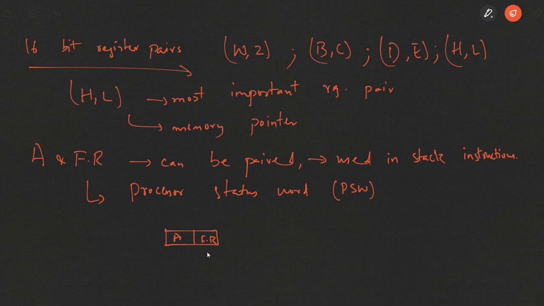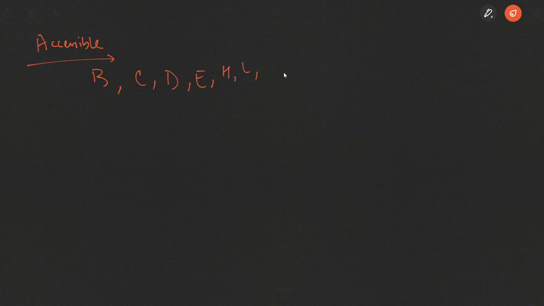Some of these registers are accessible, some are inaccessible. On the accessible registers, we can read as well as write. You have B, C, D, E, H, L, the program counter, the stack pointer, the accumulator, and the flag register.